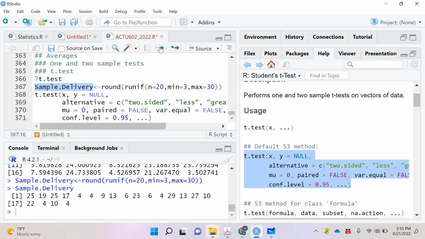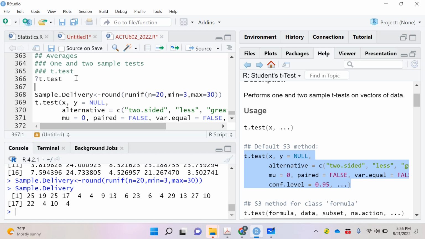Now, how do we test their claim that the average delivery time is 10? Is that okay? All right. So what do we do now? Let me just add the sample delivery times here.